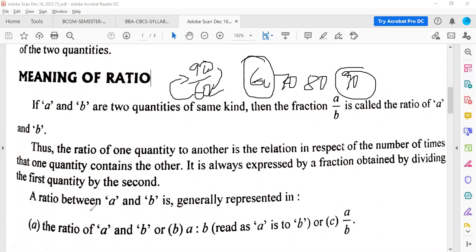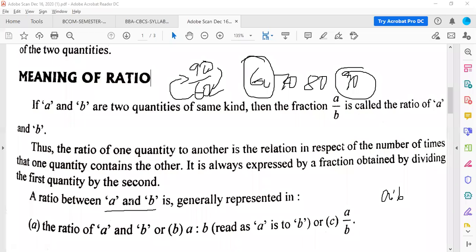The ratio between two numbers or two quantities is generally represented in the following format. Firstly, the ratio of A and B, or it is called A is to B. Let's continue.